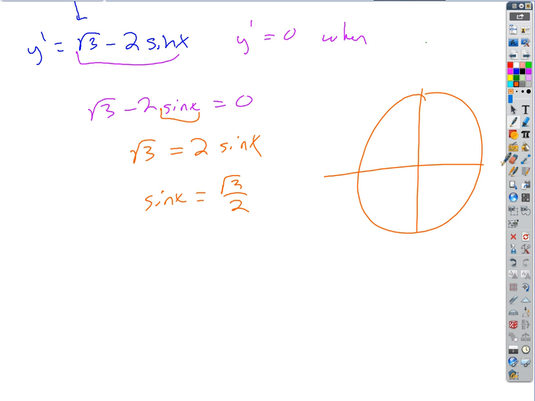Square root of 3 over 2 is going to be the y-coordinate there and there, right? Everybody agree? So those are going to be the two locations. This one has coordinates 1/2, square root of 3 over 2, and this one has coordinates negative 1/2, square root of 3 over 2. And there are some reflected points down here, but those have negative y values.